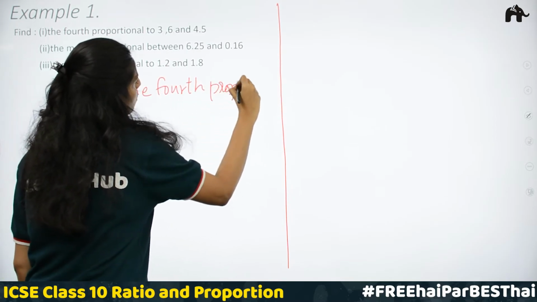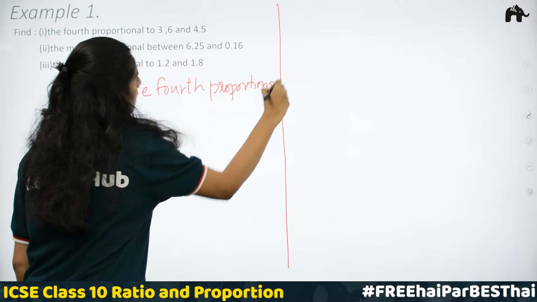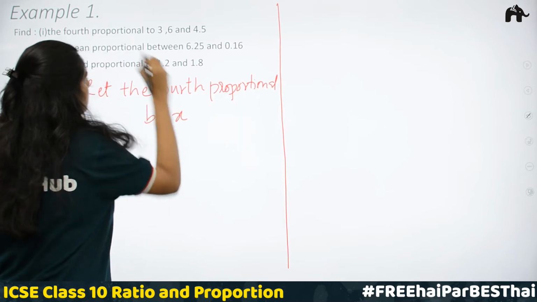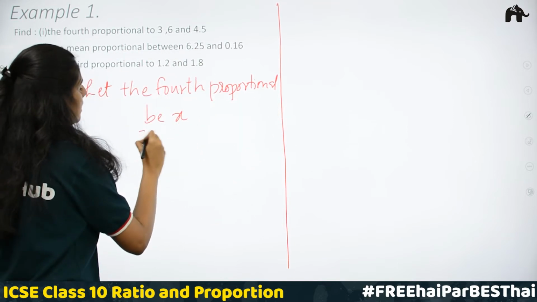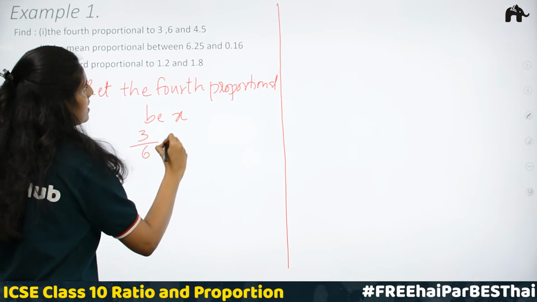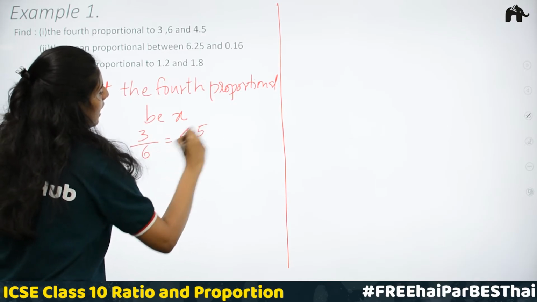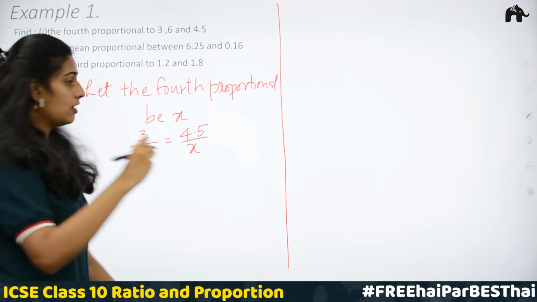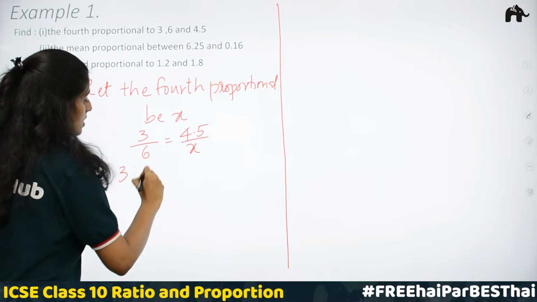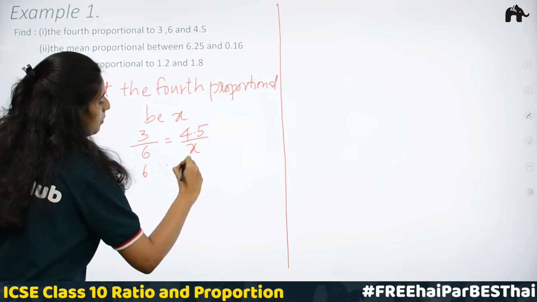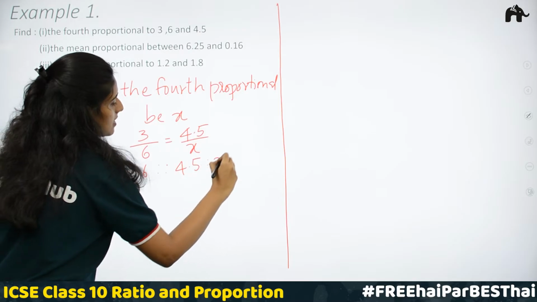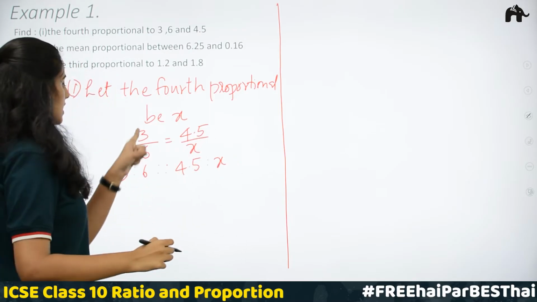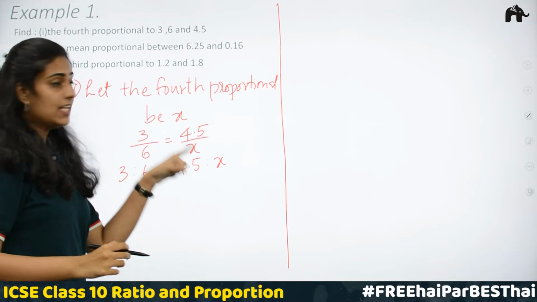Let the fourth proportional be x. So this can be written as 3 by 6 is equal to 4.5 divided by x, which is 3 is to 6 as 4.5 is to x.